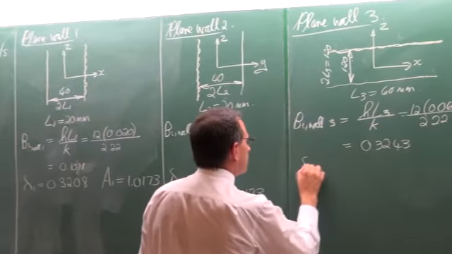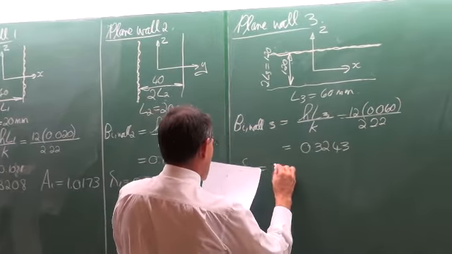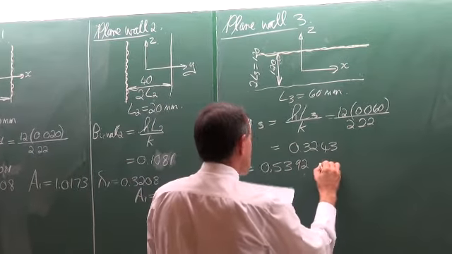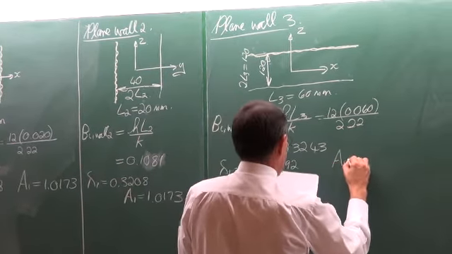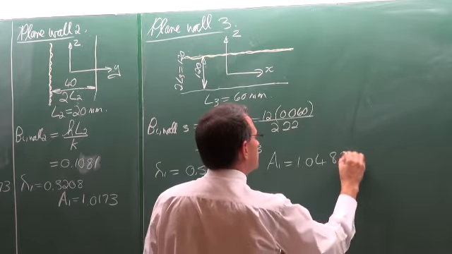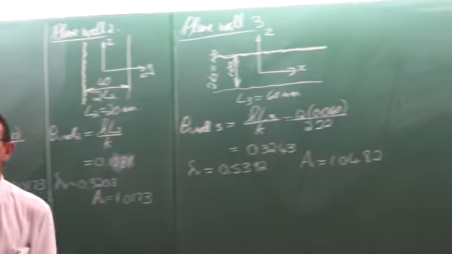From which we can determine lambda is equal to 0.5392 and A1 is equal to 1.0482. Is that right?